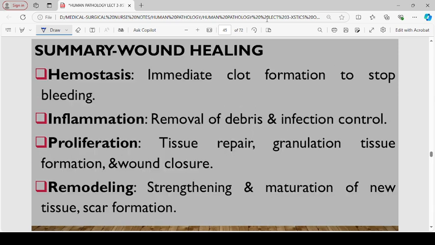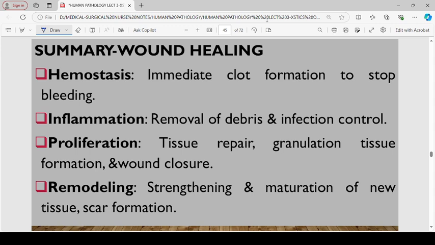So in summary, guys, wound healing normally happens in 4 steps. We have hemostasis, which is the immediate clot formation to stop bleeding, followed by inflammation that helps remove the debris and control infection. Then proliferation, where there is tissue repair, granulation tissue formation, and wound closure.